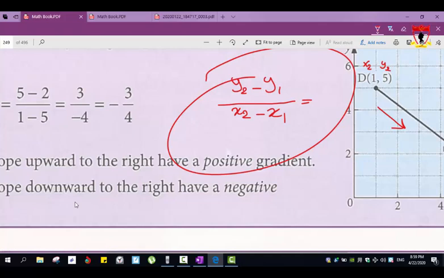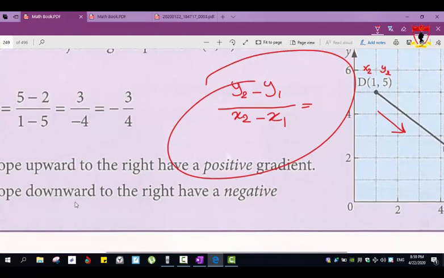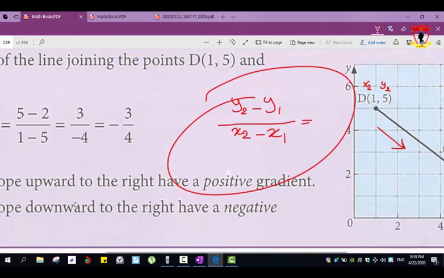So this negative, it doesn't matter if it's 3 over negative 4 or negative 3 over 4. Both are equal to negative 3 over 4. So in fractions, when the negative sign is outside the fraction, or when it's in the denominator or the numerator, it's all fine. The fraction is negative.